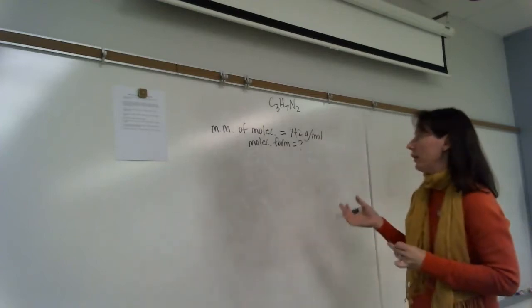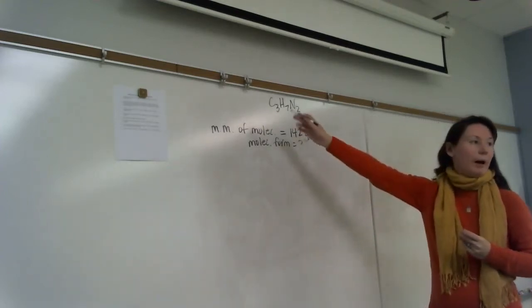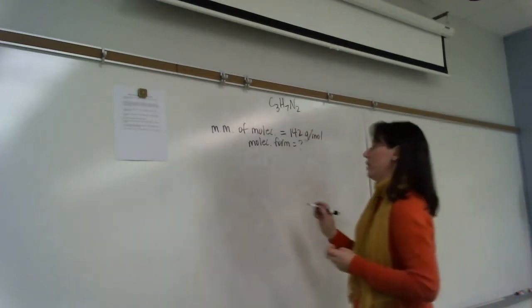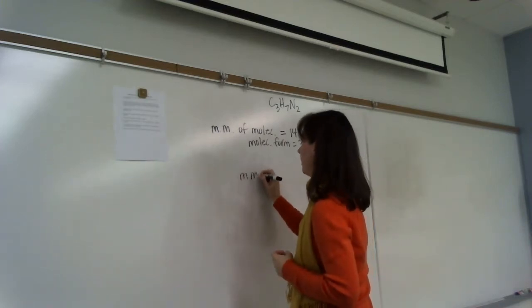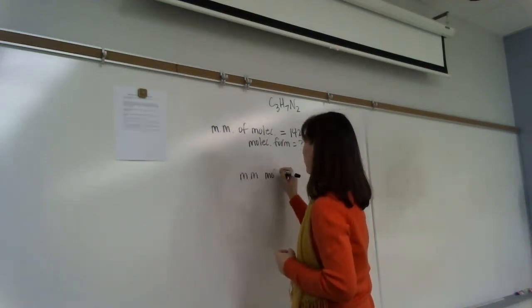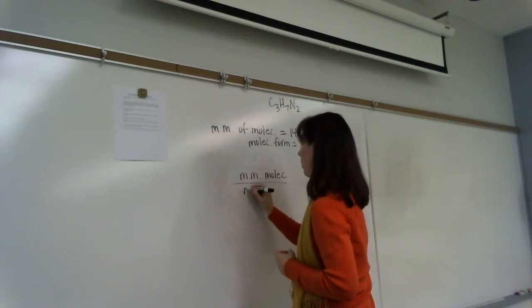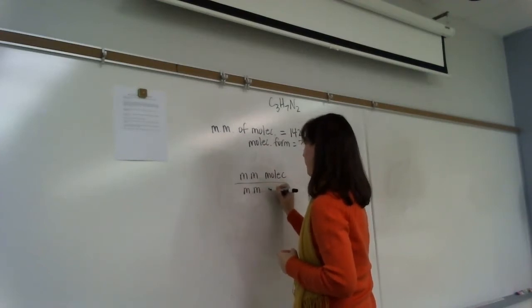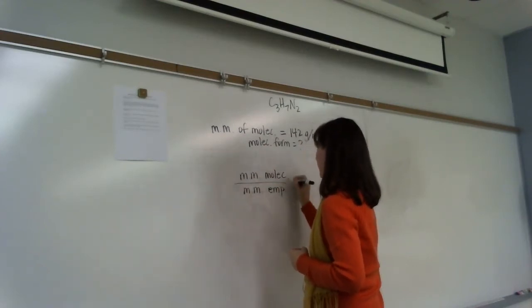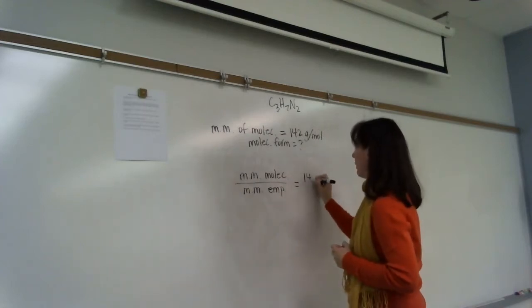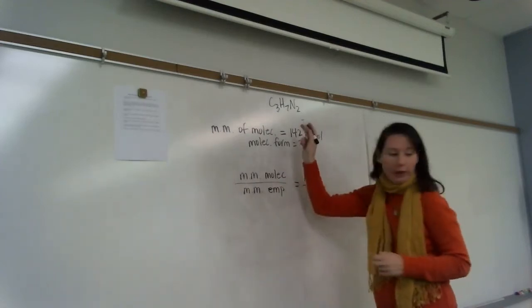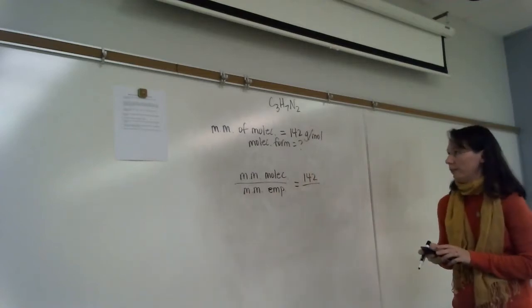All right, so we have to figure out what number we're multiplying everybody by, right? So it's molar mass of molecular over the molar mass of empirical. So 142 divided by, we've got to figure out what the molar mass of the empirical is, right?